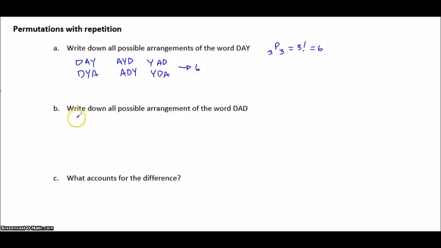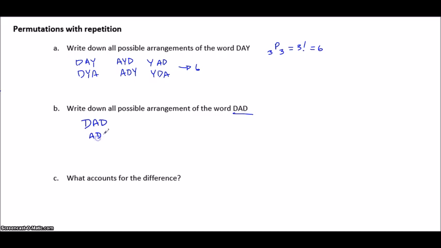Next, in letter B here, let's write down all the possible arrangements of the word dad. Well, we have 3 objects here, a D, an A, and a D, and we're taking them 3 at a time. So our initial inclination is that we might have the same 6 arrangements, but let's go ahead and try and write those down. If we actually write the words here, we get dad, of course.